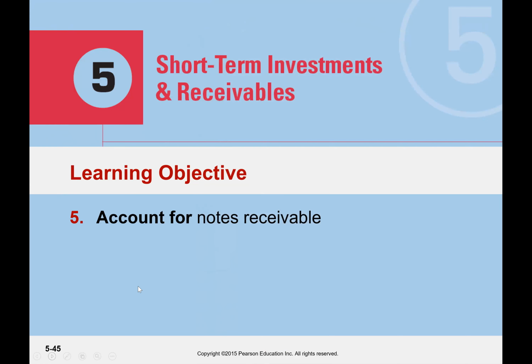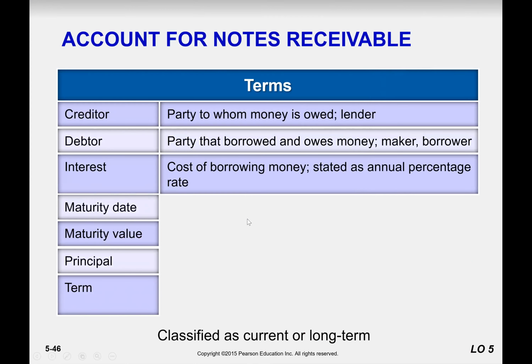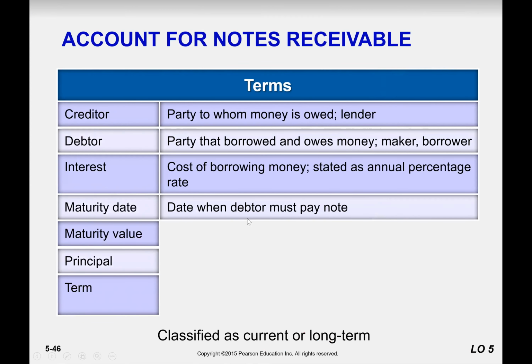Now the accounting for notes receivable. It's very simple. Just one added flavor here is the interest income. That's it. So these are the terms. Creditors are those who provide the loan, normally the company. Debtor is the party who owes the money, or the maker or borrower. Remember, the note receivable is made by the customer, so the customer is our debtor.